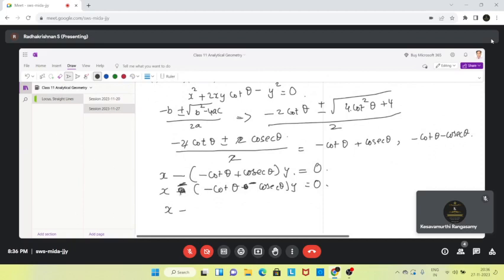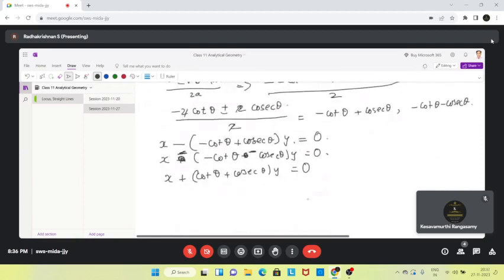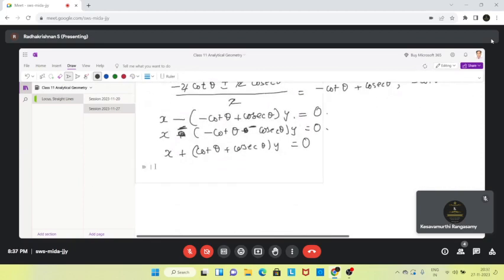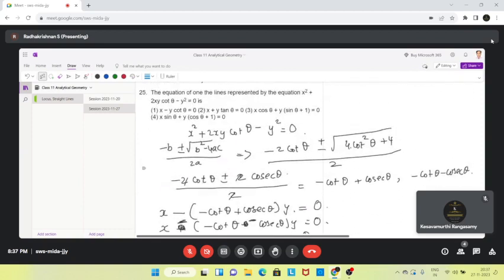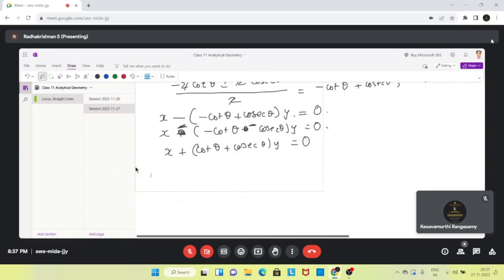Okay. So let us take this one, which is simpler, x plus, and try to simplify this to get the equation, but they have given it in terms of sine theta and cos theta. So we also have to convert it into sine theta, cos theta form. Cot theta is cos theta by sine theta. Cosecant theta is 1 by sine theta.